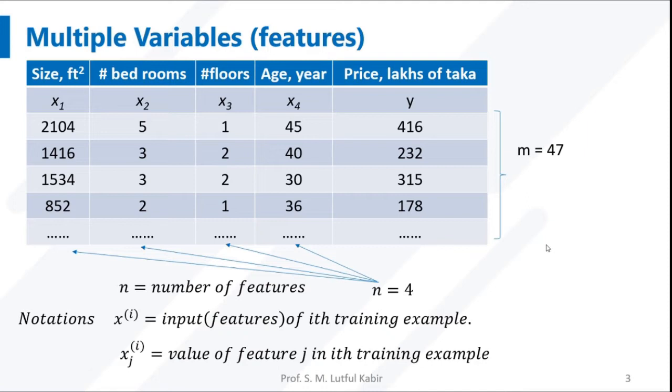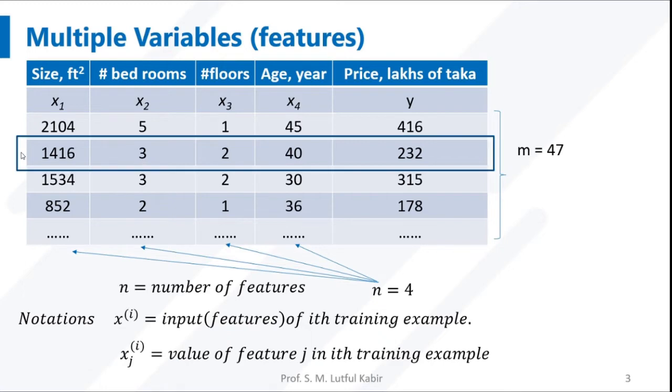Next, let us come to the other notation, x superscript i. It is the input or feature values of the ith training example. So let us see the example data for the second row or second training example. If you want to find the features of this particular row, then we will write x superscript 2 equal to 1416, 3, 2 and 40, which is collected from these rows.